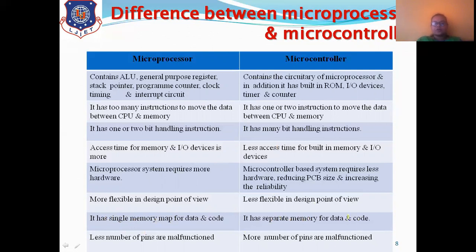So it will follow a Harvard architecture, where the data memory as well as code memory and the buses for both data and code are separate, right? And last, in a processor based system, fewer pins are multifunction, whereas in a microcontroller based system, more pins are multifunction.